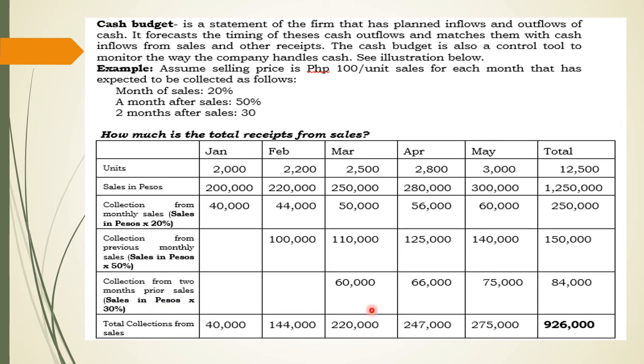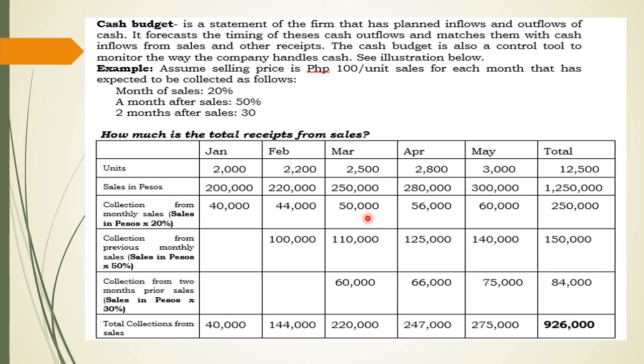The third one is collection from 2 months prior sales. 2 months prior sales is, di ba, previous man 2 months prior sales is January. So it says nga, ang 2 months niya nga sales, previous 2 months sales niya is 200,000. Times, pila is 30%.